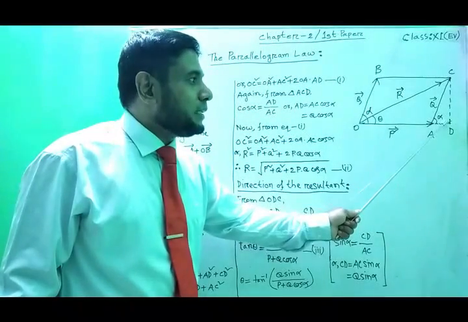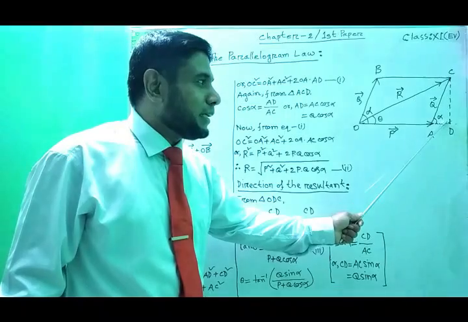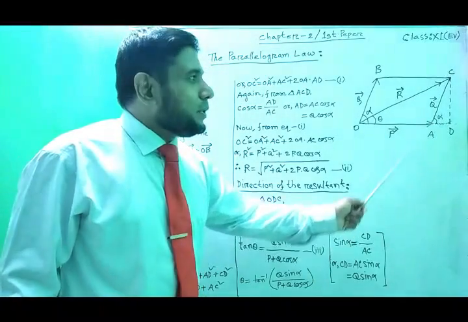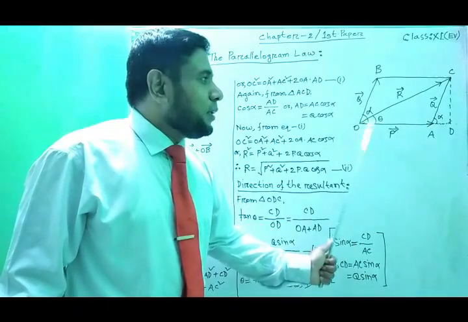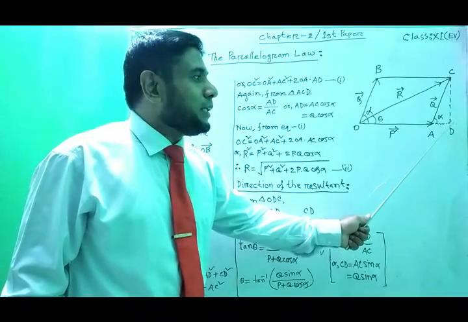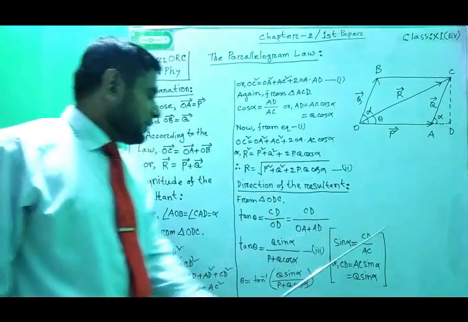As angle ADC is a 90-degree angle, because you have drawn CD as the perpendicular on side OD, ACD is a right angle triangle.